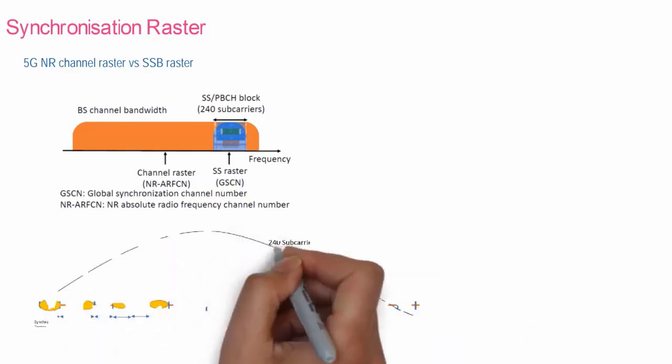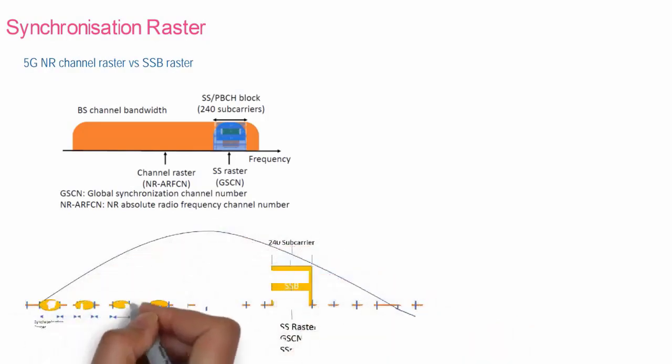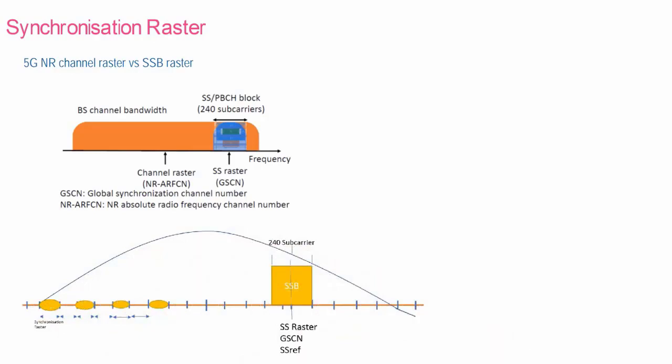5G frequency range is very wide, therefore in order to search PSS and SSS faster, it needs to be searched very fast. So 5G NR adopts a different approach from LTE. The SSB position is not fixed because of different subcarrier spacing.